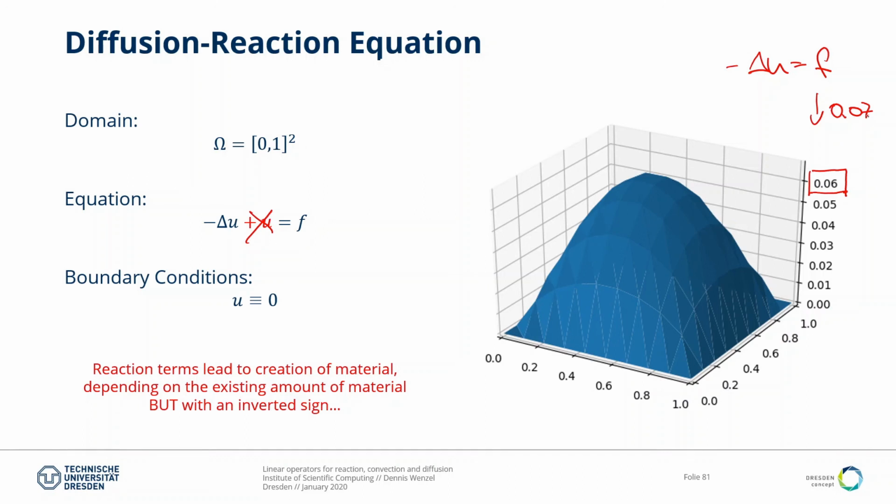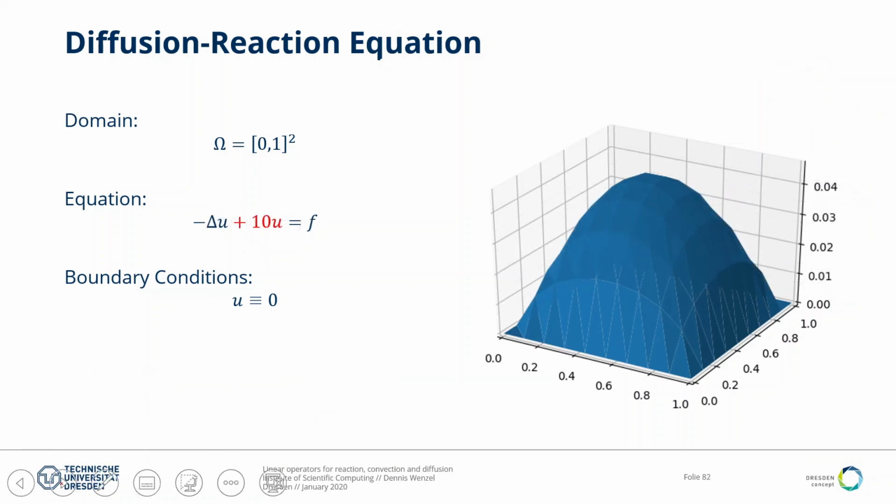But now if you add a positive reaction constant, meaning that you put in the creation of some quantity u with a positive factor, then this means that you need less u to get the same total balance of f. Okay, so if you want to add positive reaction, you need to take a negative sign for u. So that's something you need to be aware of.